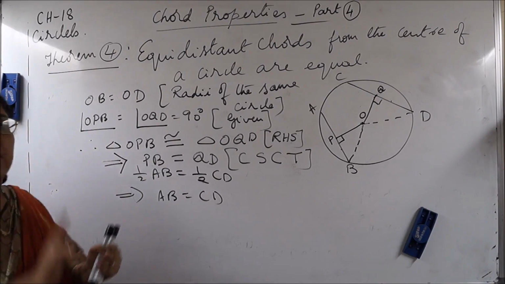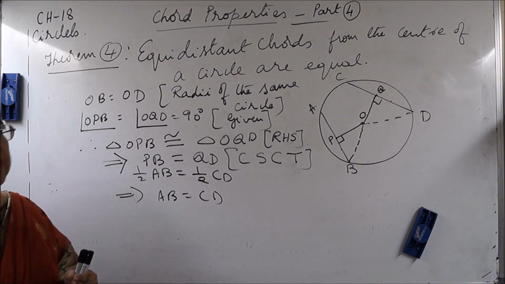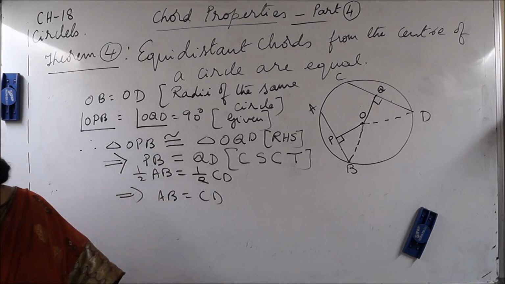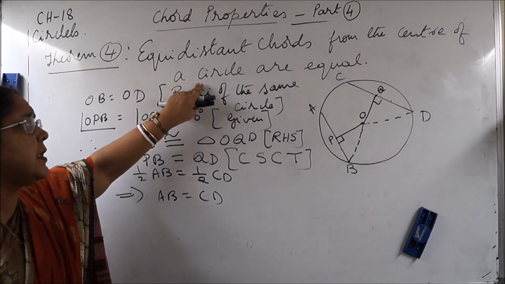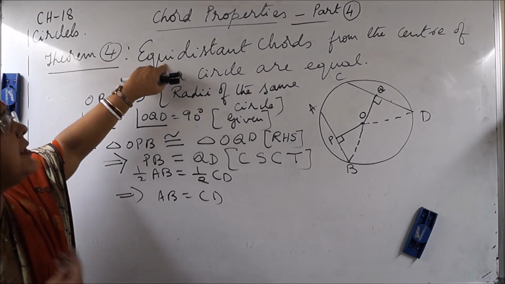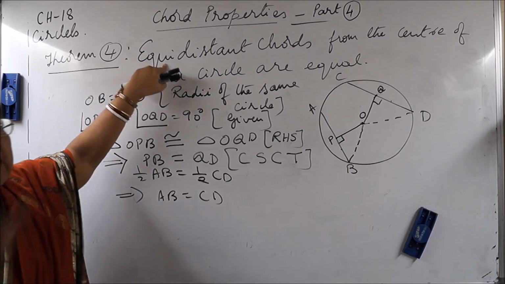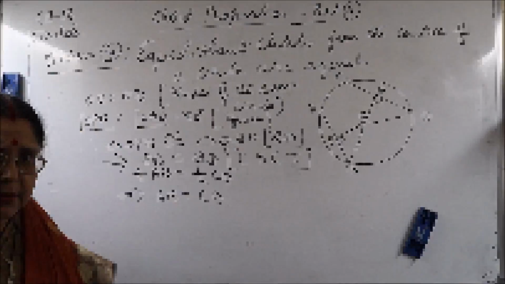In part 4 we are learning the converse of the previous: if the chords are equidistant then they will be equal, which we say as equidistant chords from the center of a circle are equal, or in short, equidistant chords are equal, while the previous one we say as equal chords are equidistant. Is that very clear, children? Okay.